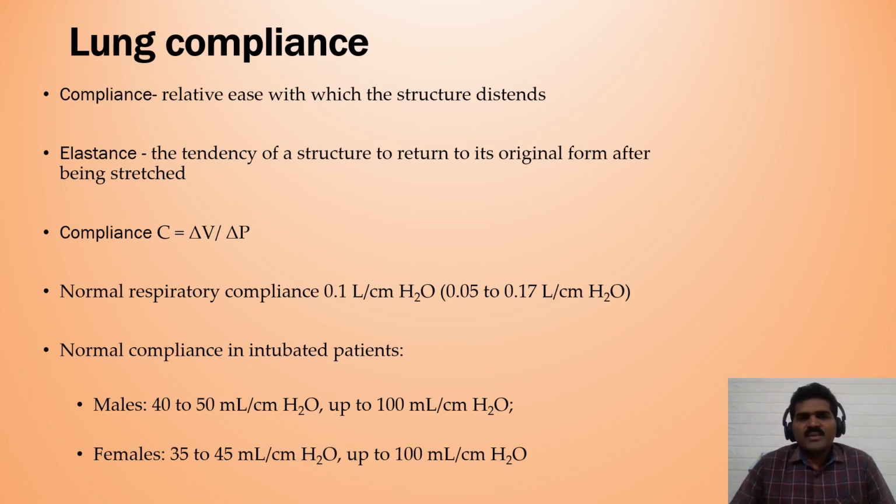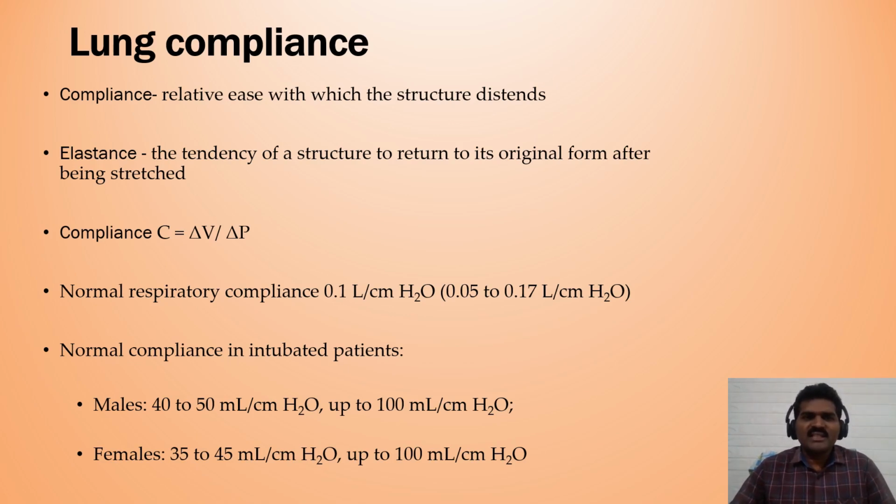There are some concepts in respiratory physiology you need to understand before starting a patient on mechanical ventilation, to understand the dynamics of mechanical ventilation, know how the patient is responding to it, and decide what modes you should use. The first and foremost is lung compliance. Compliance is the relative ease with which a structure can distend.